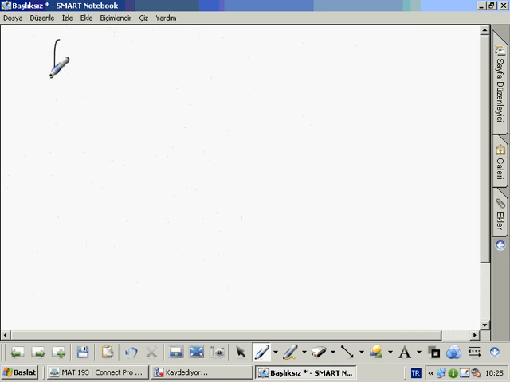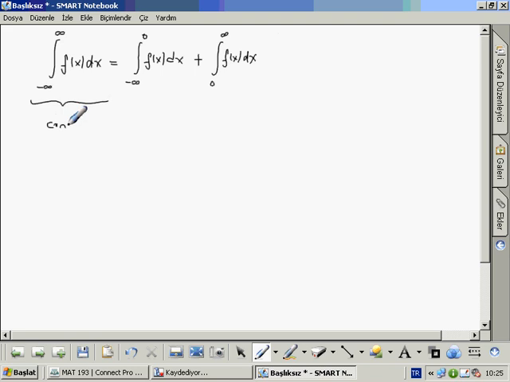The integral from minus infinity to plus infinity of f of x dx equals the integral from minus infinity to 0 of f of x dx plus the integral from 0 to plus infinity of f of x dx. If these two parts converge, that means both of them must converge.